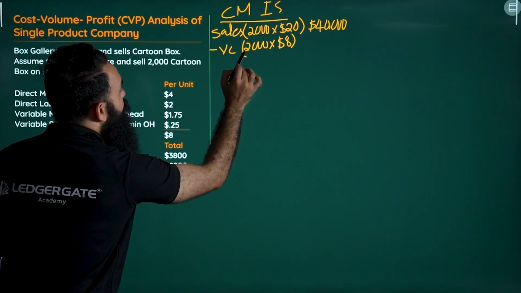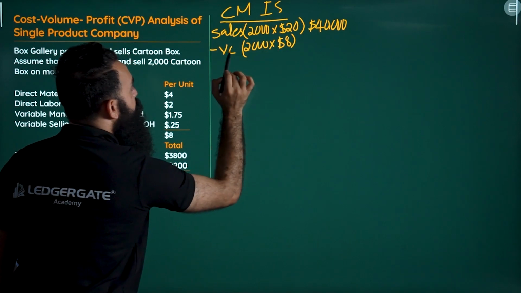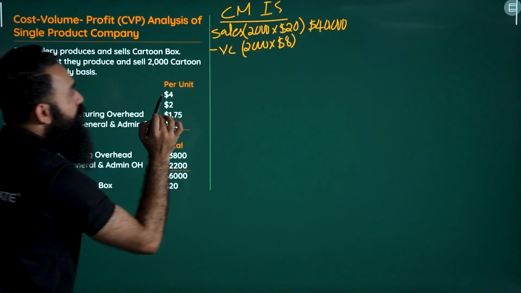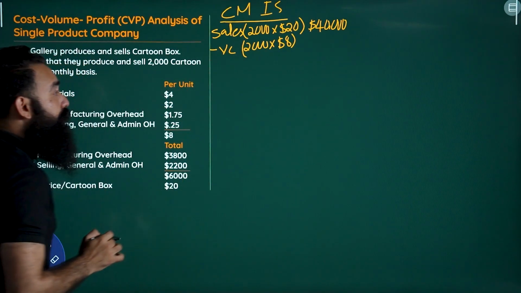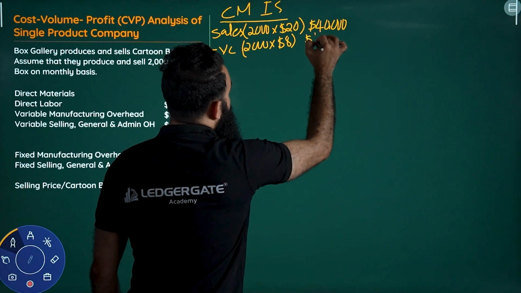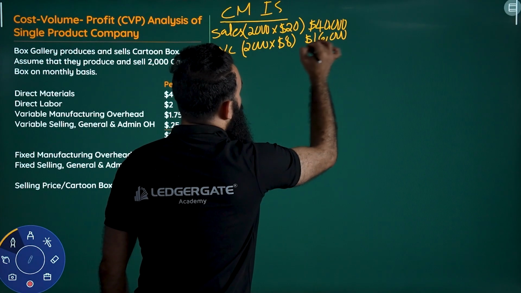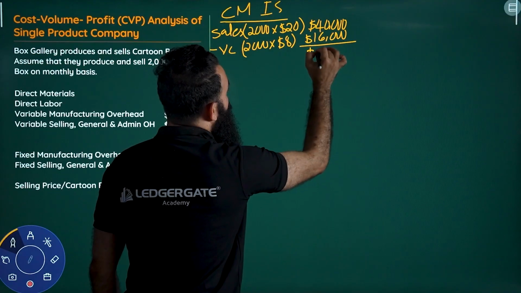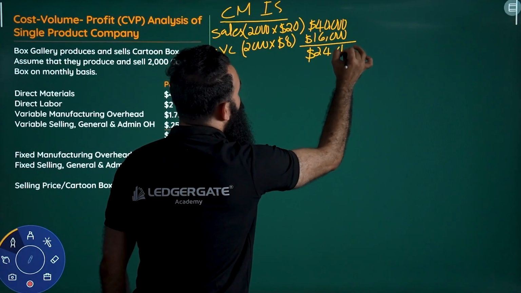If you sell 1 unit, 1 into $8 will be our total variable cost. If you sell 2 units, 2 into $8 will be our variable cost. If you sell 2,000 units, it will be 2,000 into $8, which is $16,000. From $40,000, deduct $16,000, and it is $24,000.